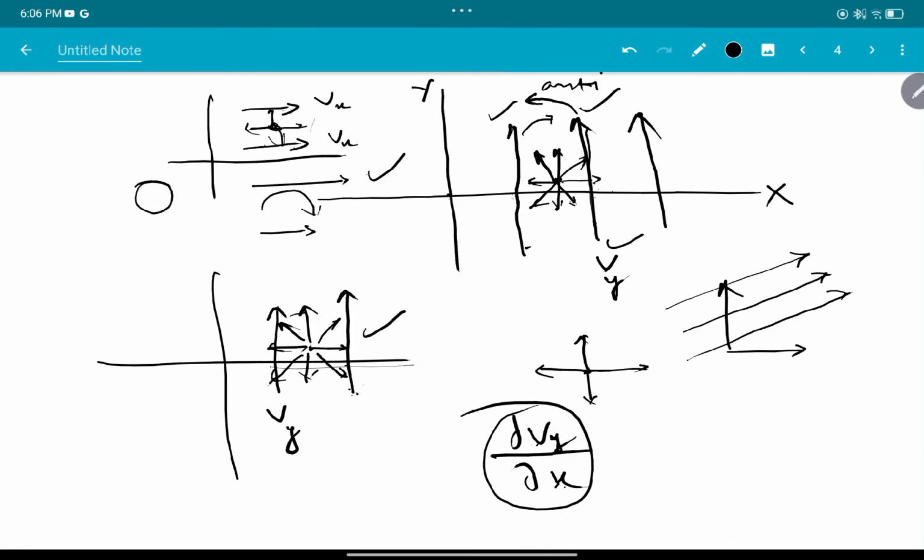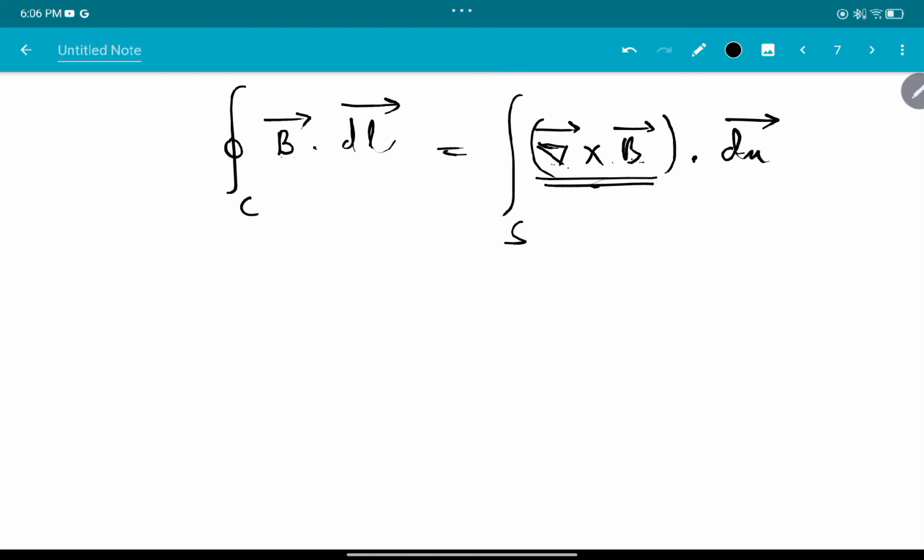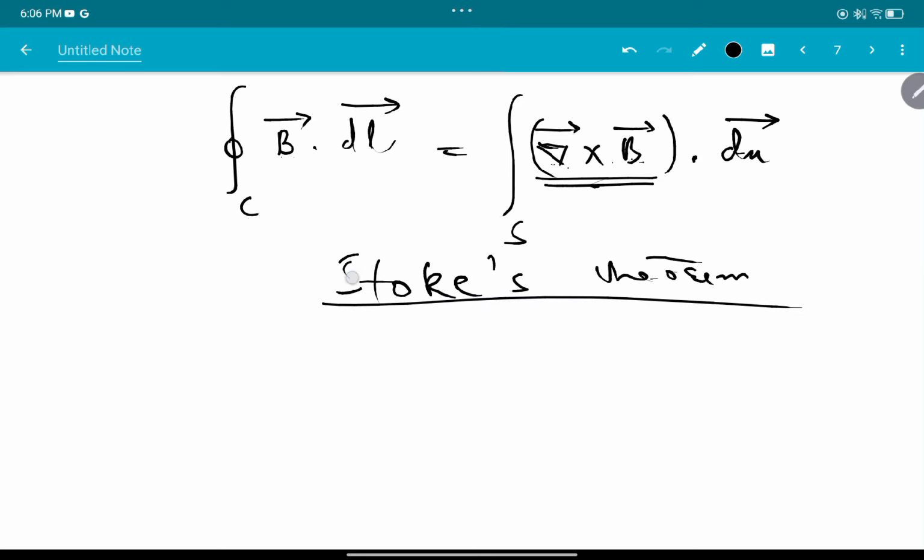Then this beautiful result is known as Stokes theorem. It is true for these vector fields. The vector should be continuous, of course.